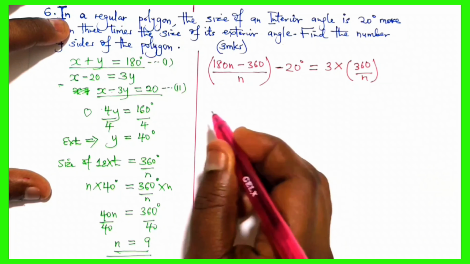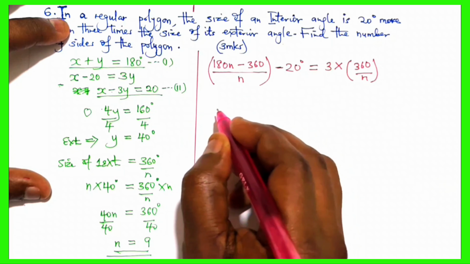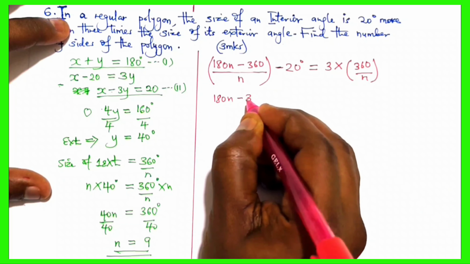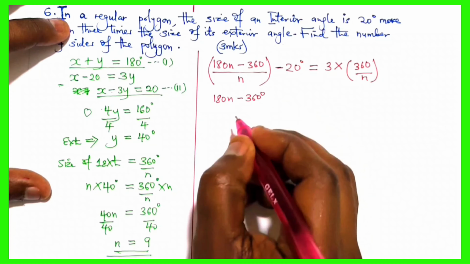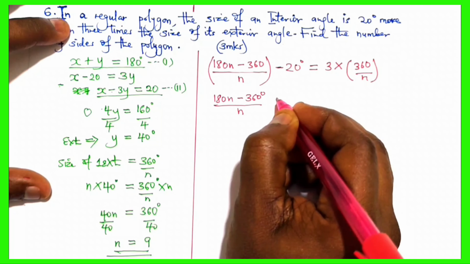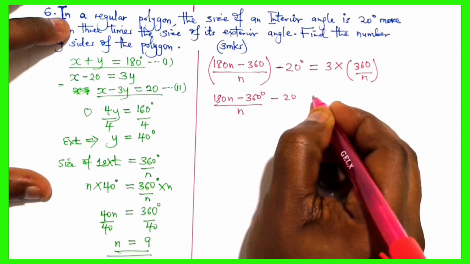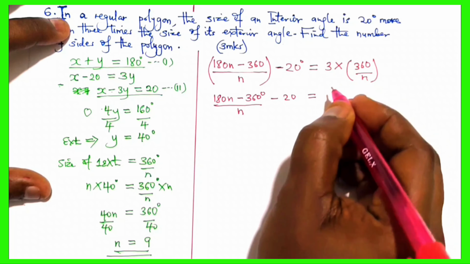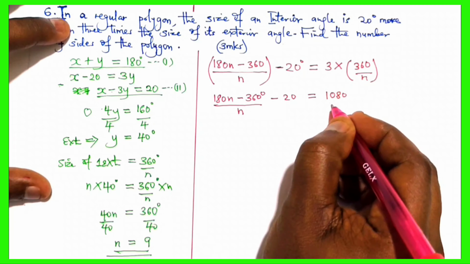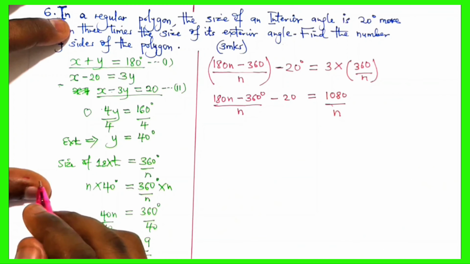So we can align the terms by talking of 180n minus 360 degrees divided by n, subtract 20. This should be equal to, I can multiply this number, and then I'll get here 1080 divided by n.